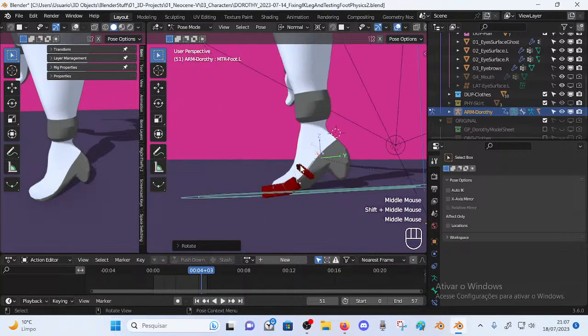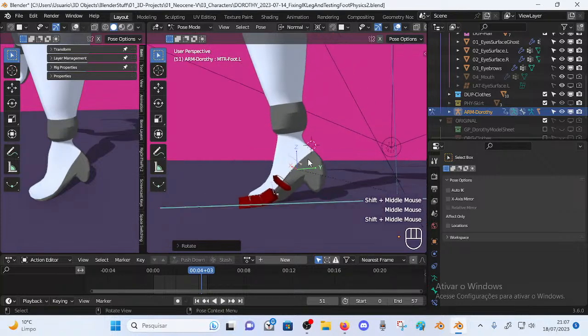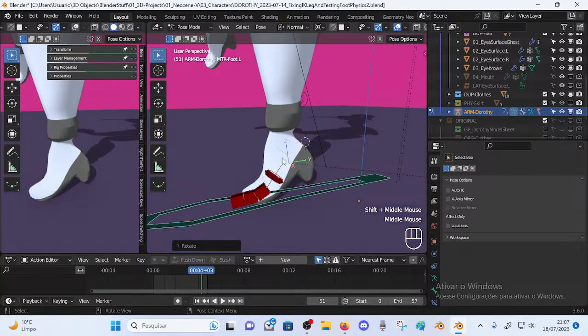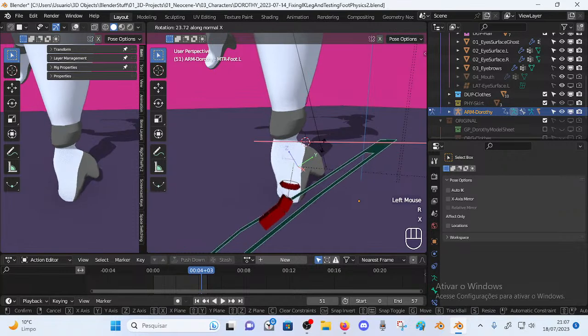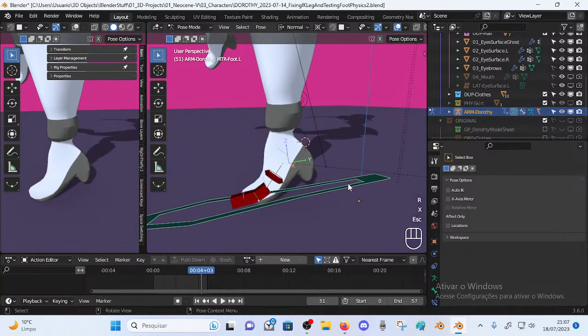Yeah, transform pivot point, of course, then I couldn't replicate this motion of the feet, right? So that is not redundant. So this I needed to find.